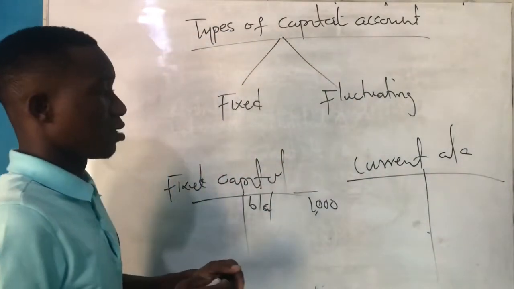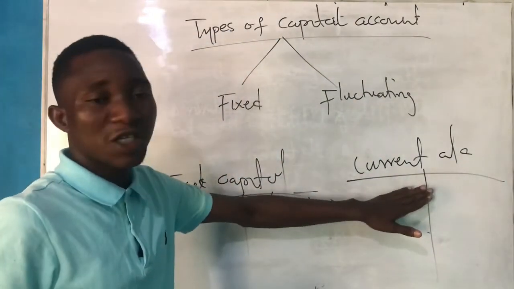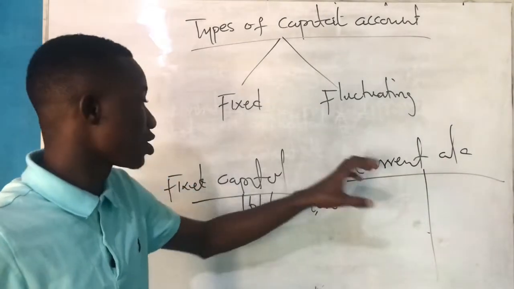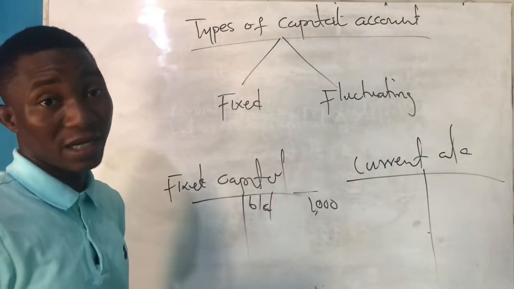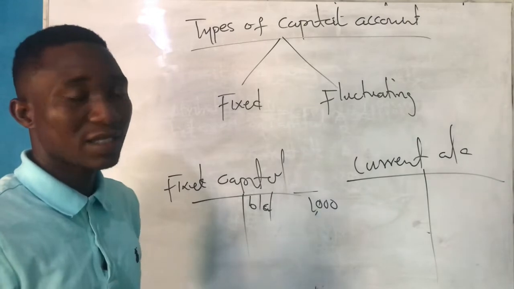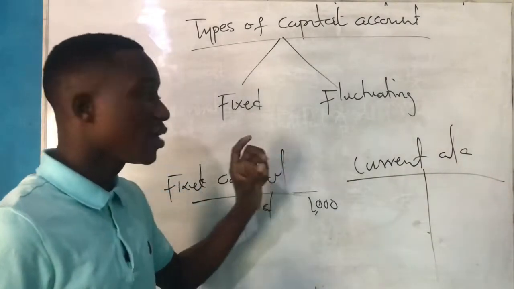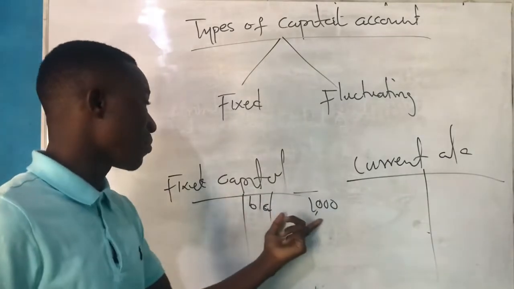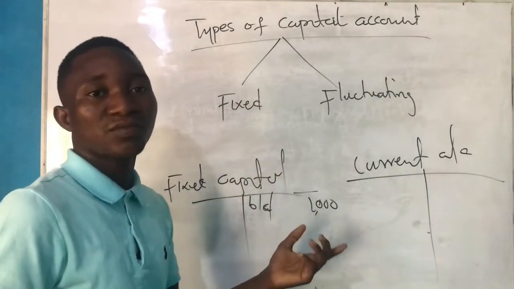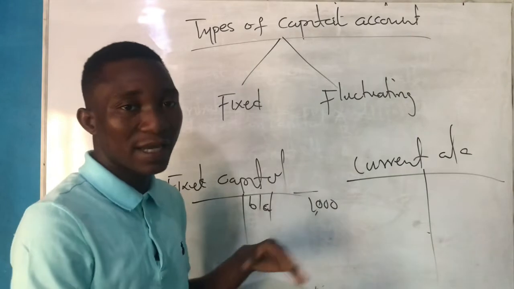This current account is prepared to cater for adjustments on the capital. Is that okay? I told you that in the preparation of the statement of financial position for a sole trader, we had our capital balance, we add the net profit and less drawings.